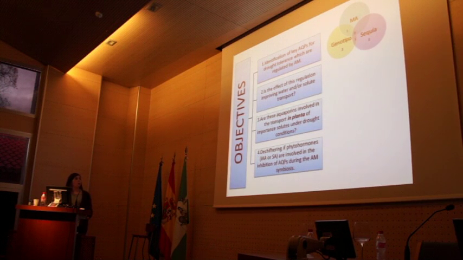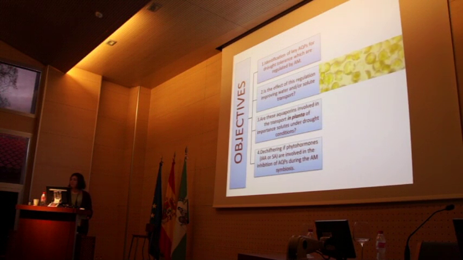So, secondly, we want to know if the effect of this regulation is improving water and solute transport. So for understanding this, we isolated single cells, protoplasts, and we analyzed the water permeability of these cells for understanding if these inoculated plants are improving their water transport capacity.